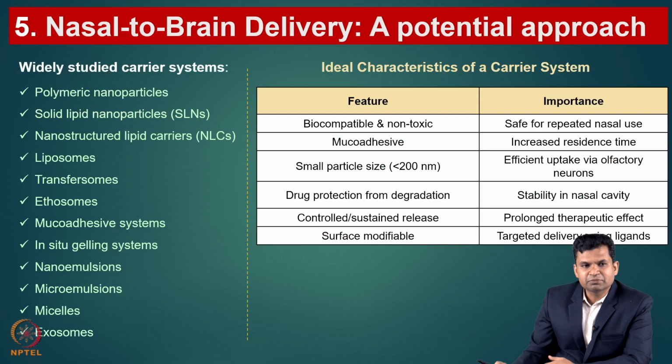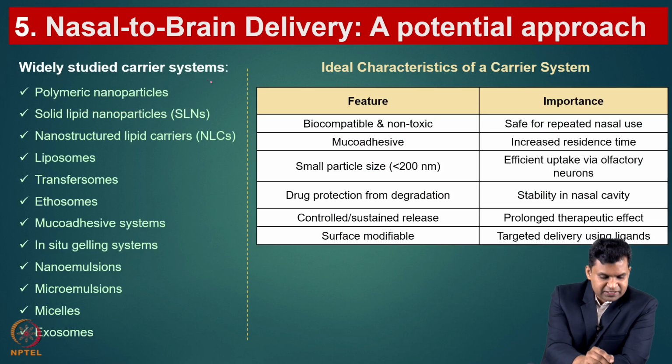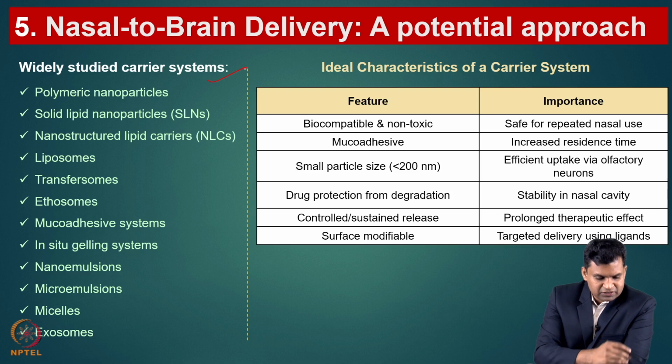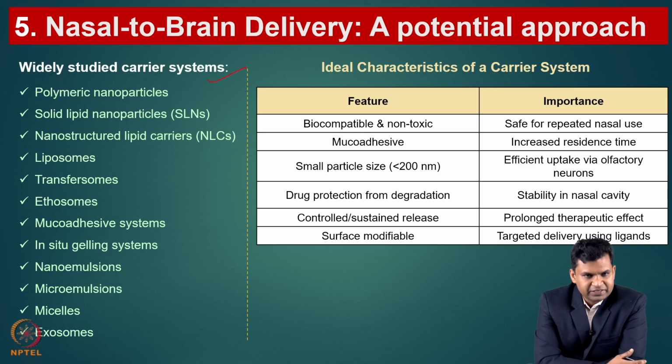These are some of the important parameters we need to consider while developing nose to brain formulations. These are the various carrier systems, the well explored materials in nose to brain delivery strategies.